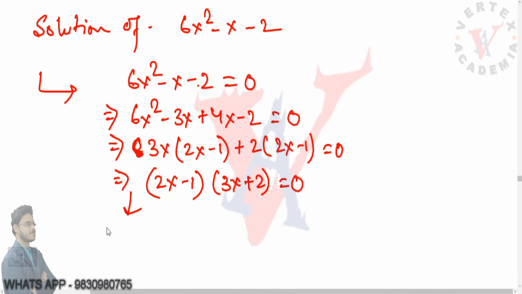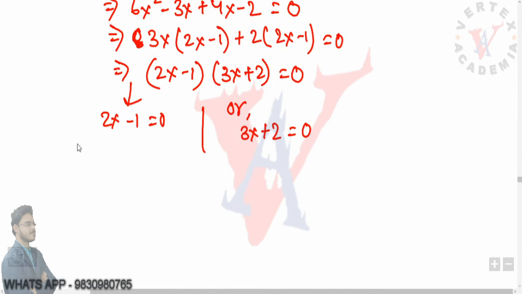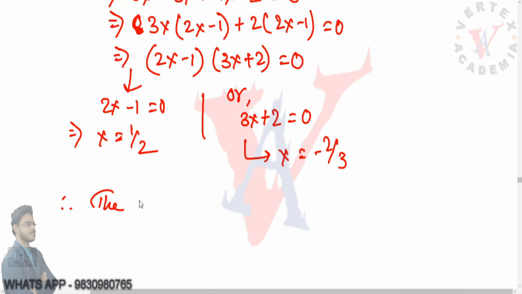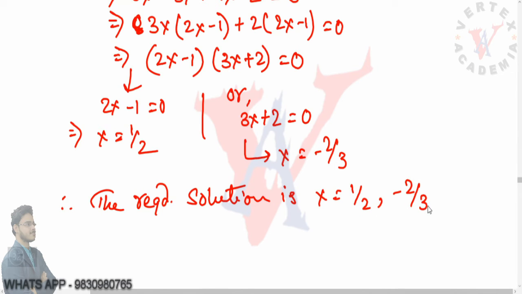So from here 2x minus 1 equals 0 or 3x plus 2 equals 0. It implies x equals half, and here x equals minus 2 by 3. Therefore the required solution is x equals half, comma, minus 2 by 3.